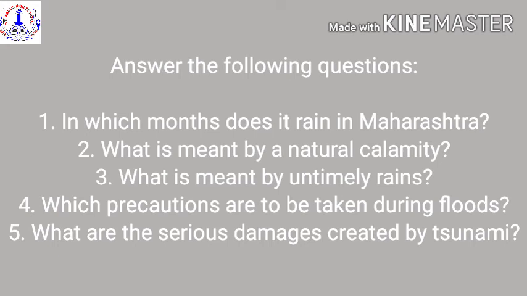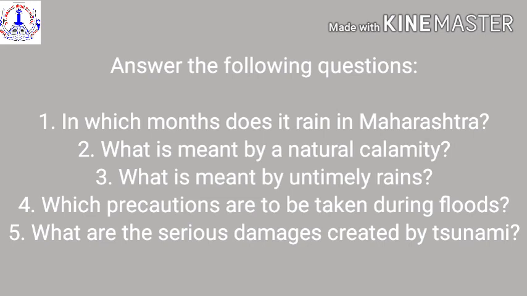Question number 3. What is meant by untimely rains? Question number 4. Which precautions are to be taken during floods? Question number 5. What are the serious damages created by tsunami?